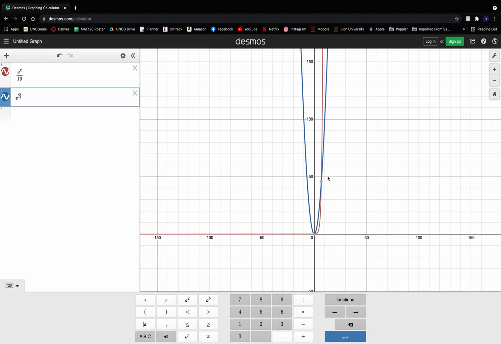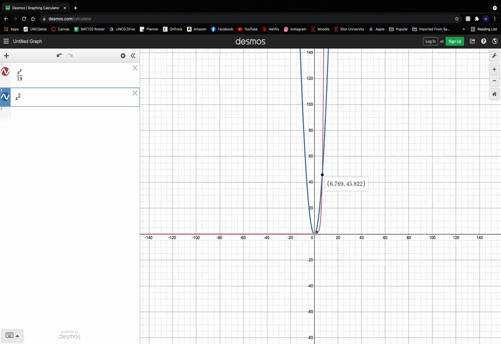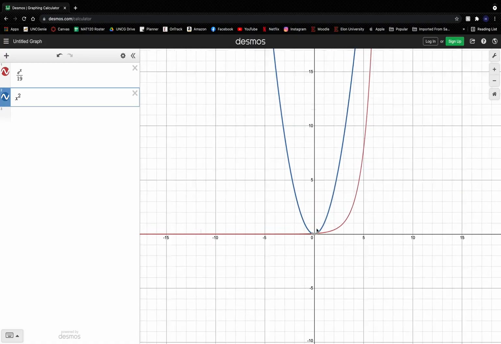So notice I have one here, so you can hover over it or you can click on it. And so that gives us a point 6.769, and the y is 45.822. And then there's another 2 places of intersection, so you just have to zoom in a little.